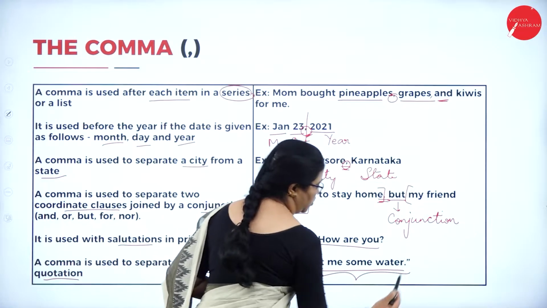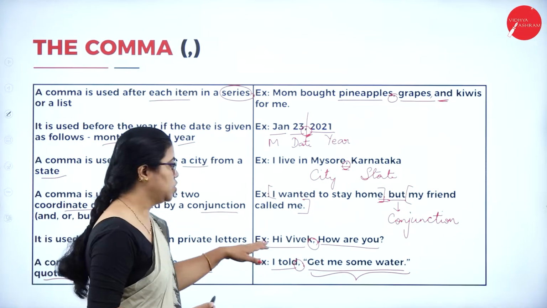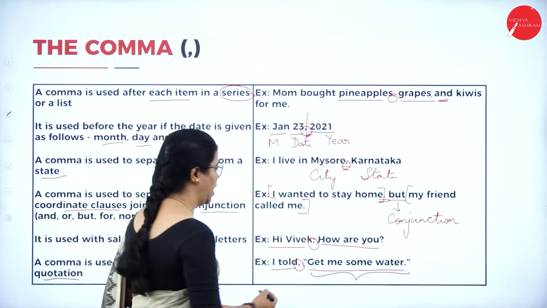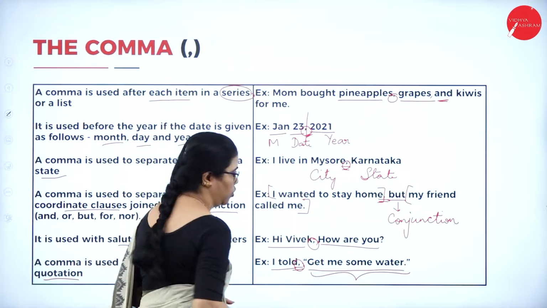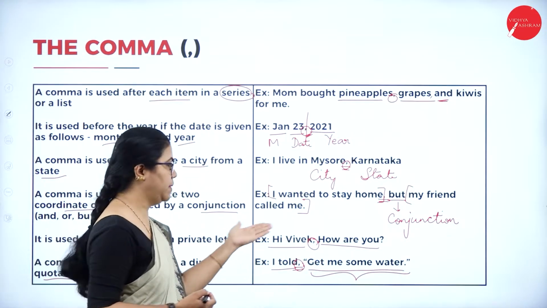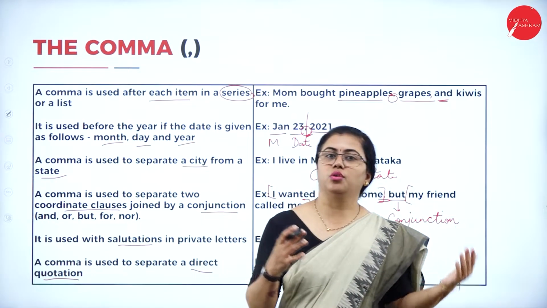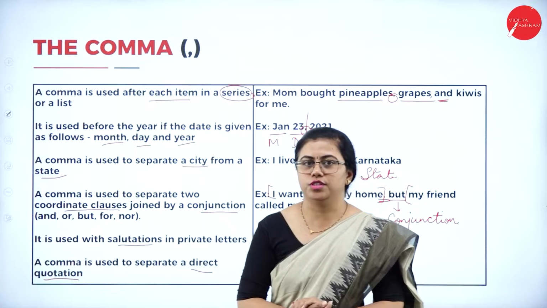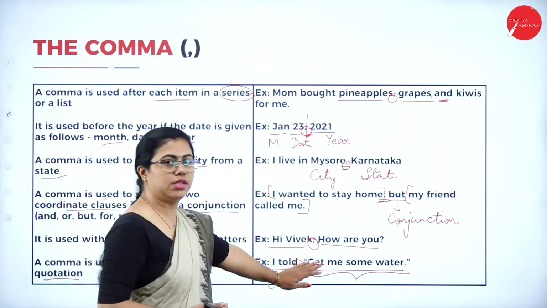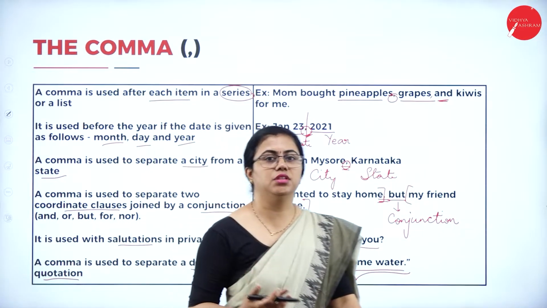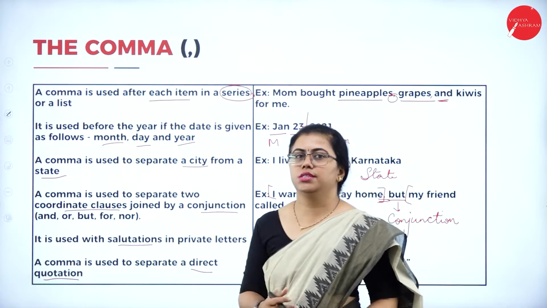This is the actual word of the speaker. For example, "Get me some water." We write here, he told, or I told, "Get me some water." Whenever you use direct speech, that is, you are quoting the exact words of the speaker, you use this comma just after the reporting verb.